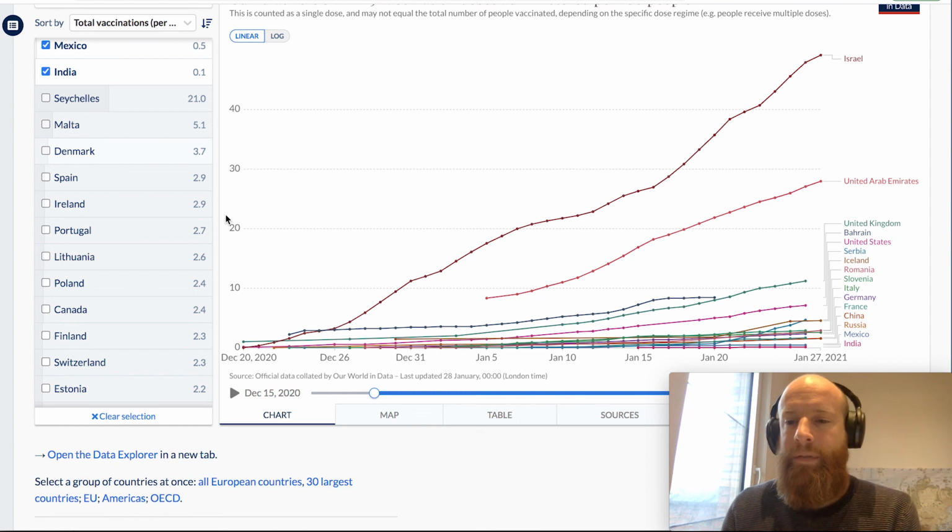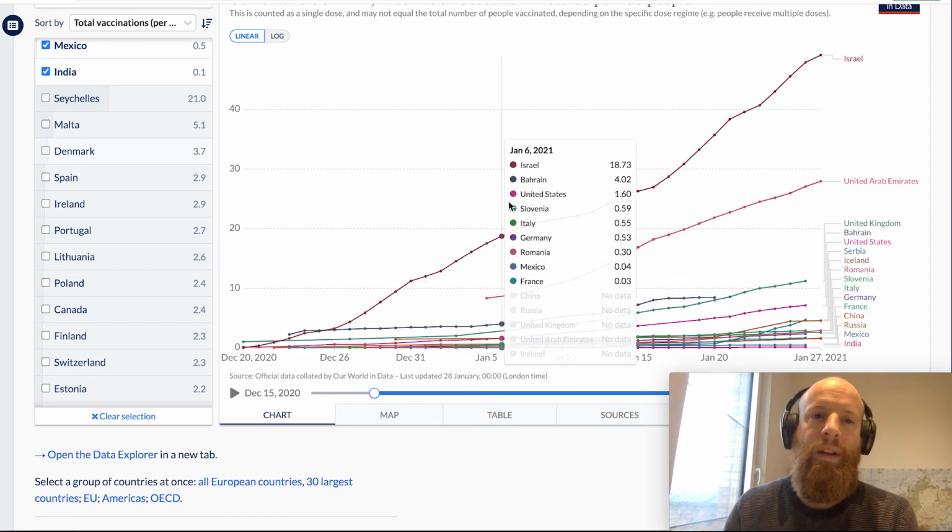You have a lot of lines close together, a lot of lines crossing each other. There's not enough room to label each line here on the right-hand side. So line charts have their limitations. If you put more than 10 lines onto a single line chart, you'll notice that it will become quite hard to read.